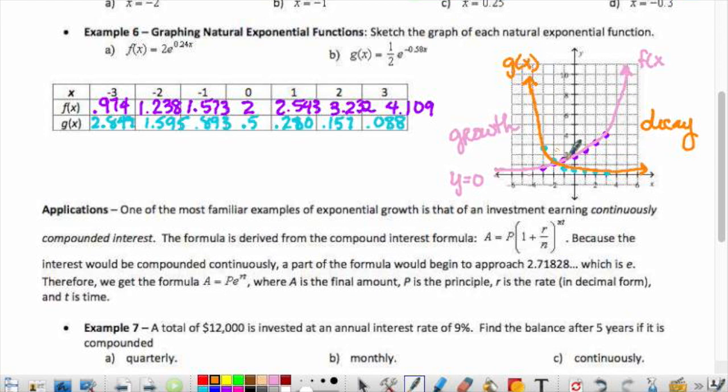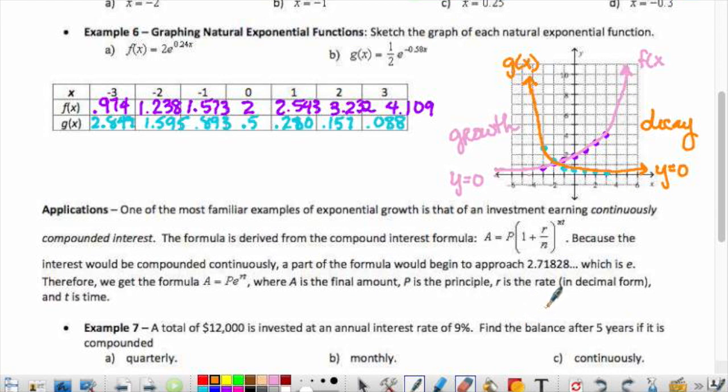As it's decaying, it still has a horizontal asymptote at y equals 0. The only way you wouldn't have a horizontal asymptote at y equals 0 is if we had some kind of vertical shift. That would be by adding some number to the back, like a +2. Then my horizontal asymptote would be shifted up 2, and so would all of my coordinate points. But that only happens if you've got that k value tucked onto the back of your function.